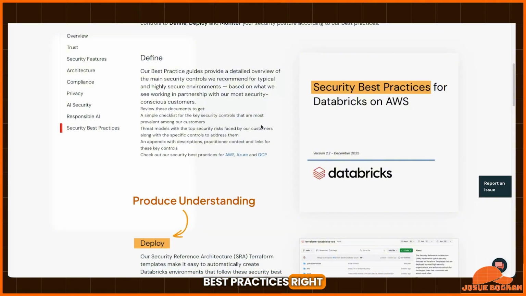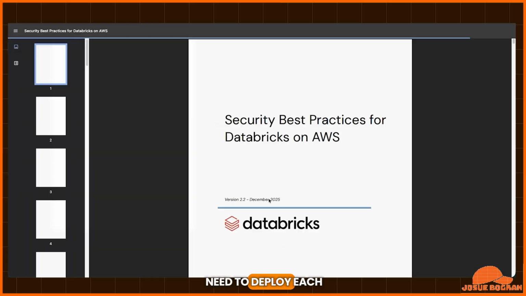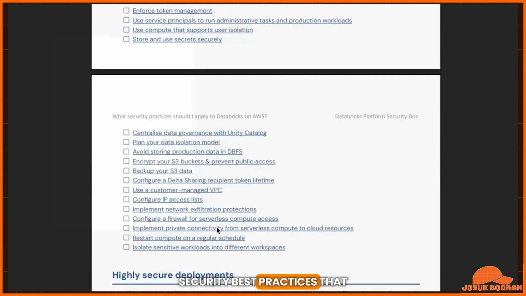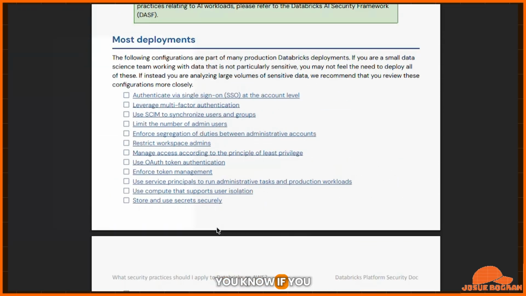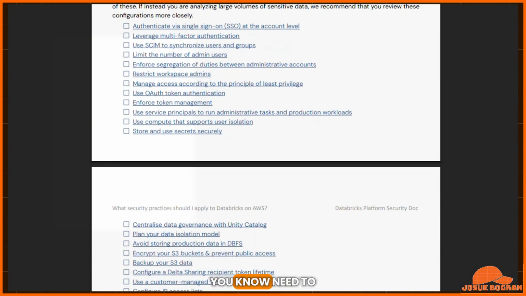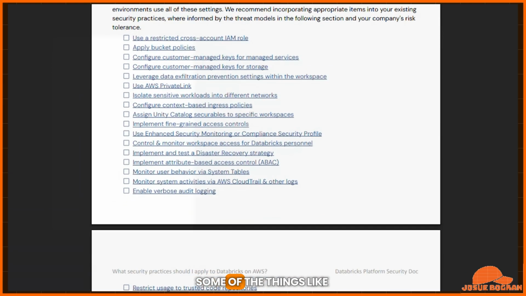So once they define what security should look like, because not every customer needs to deploy each of these security best practices that we prescribe. Because if you are digital native, forward-looking, an early startup, you may not need to, and would like to focus on some of the things like the compliant security profile.